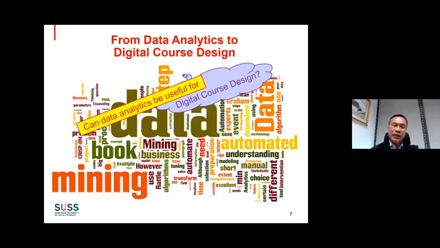And data will remain as raw data until it can be transformed into information to help us with our decision making. In this context, we're talking about how to design a course. So can we make use of data to help us design a course? In this case, I'm focusing on learner engagement. We want to design courses that can help us encourage, promote, and maximize learner engagement.